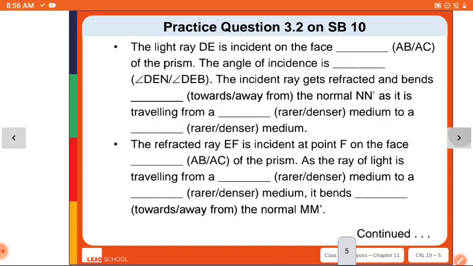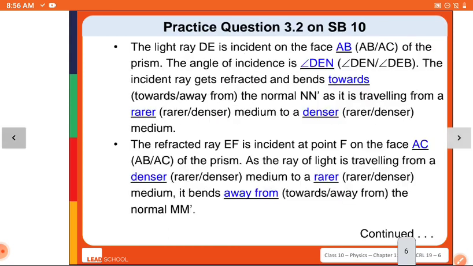In this question, the light ray DE is incident on face AB, and the angle of incidence is angle DEN according to your figure. The incident ray is refracted and bent toward the normal, from rarer medium to denser medium. The refracted ray EF is incident at point F on face AC.